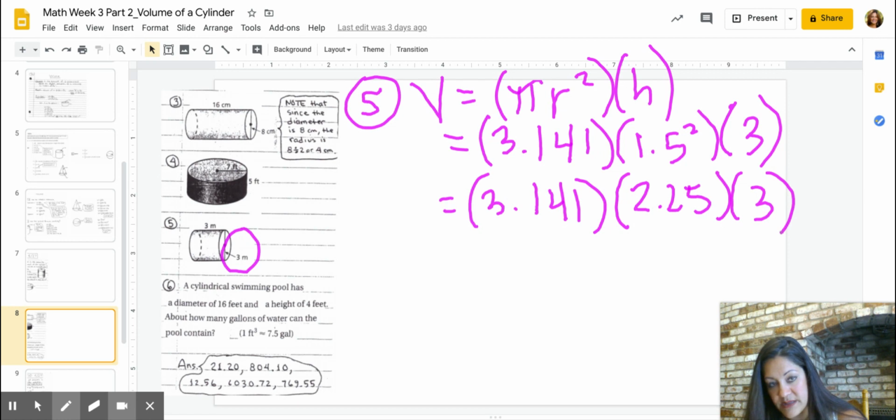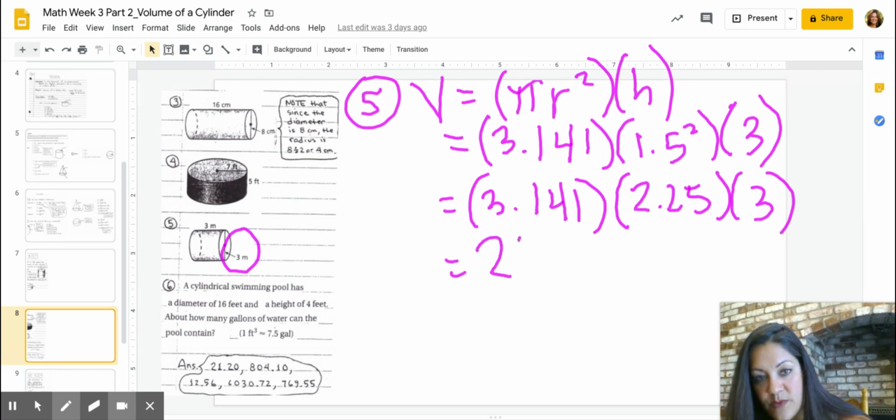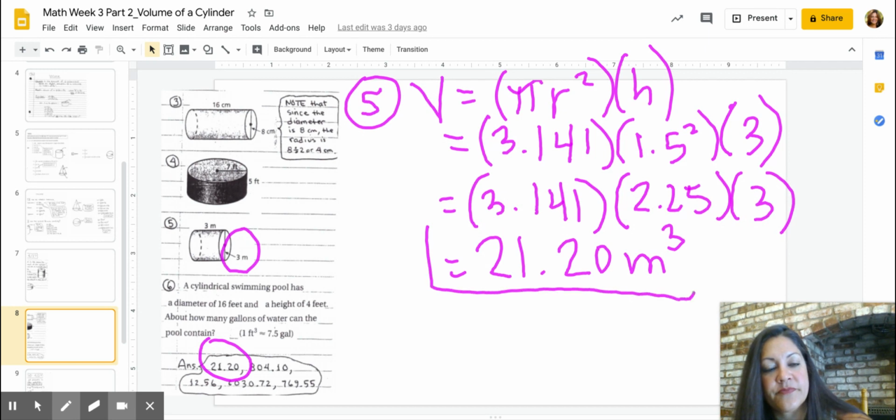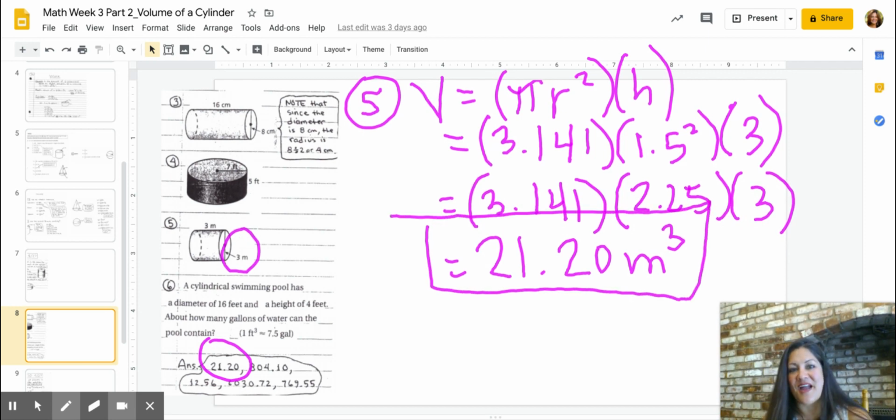And we're going to multiply that times 3.141 and times 3 to come up with the answer. 21.201 rounds to 21.20 meters cubed. And do we have that? Yes, we sure do. Okay, there's the answer to number 5.